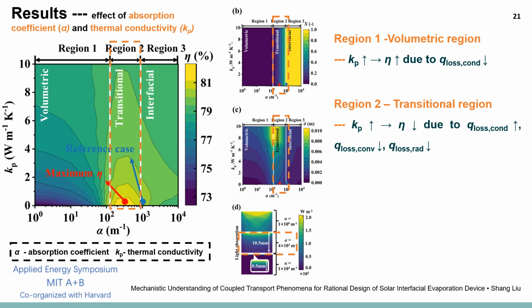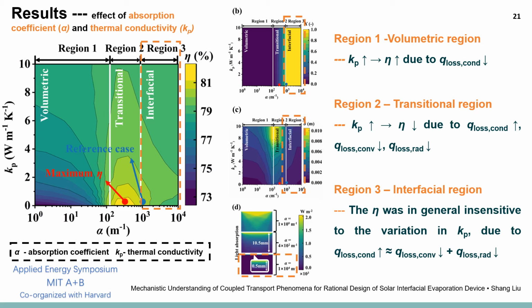So with the increase of the thermal conductivity, the evaporation efficiency decreases, which was reversed compared to region 1, due to the increased heat conduction and the decreased heat convection and heat radiation.